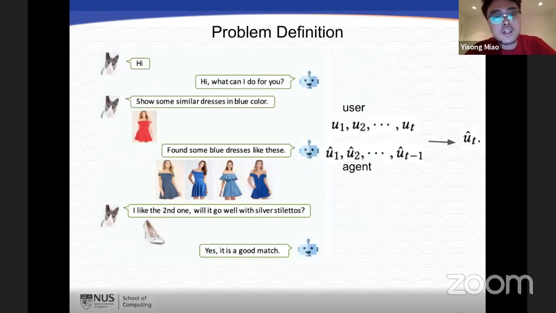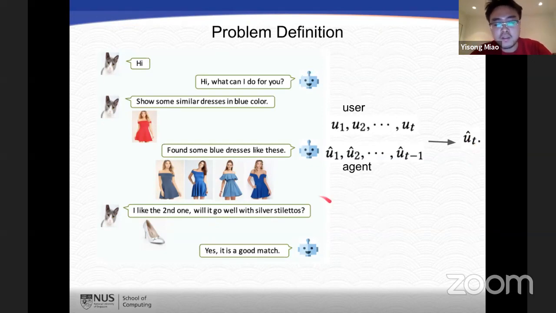So let's come to their problem definition, right? Their problem definition is almost identical to other works in dialogue systems. Given the user utterances denoted by U sub 1 to U sub t, and the agent's earlier utterances denoted by U sub 1 prime to U sub t minus 1 prime, they take all these previous utterances as inputs and output one newly generated agent utterance.